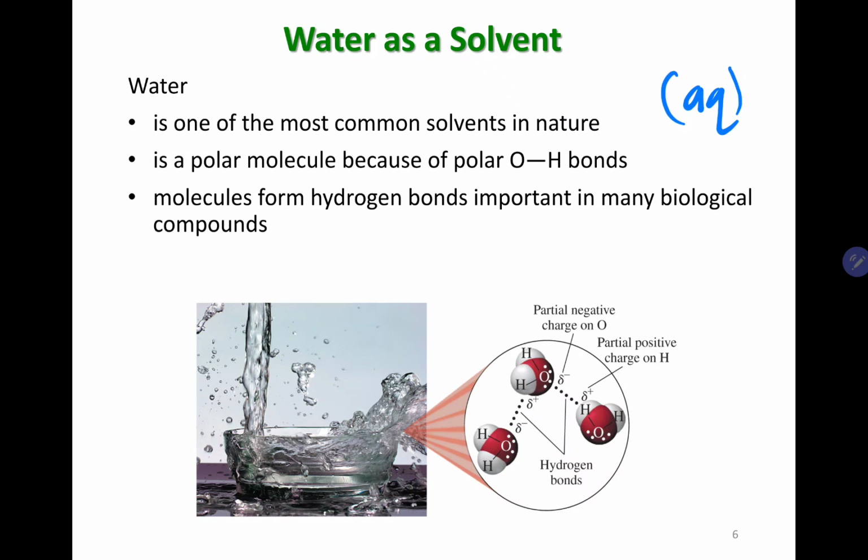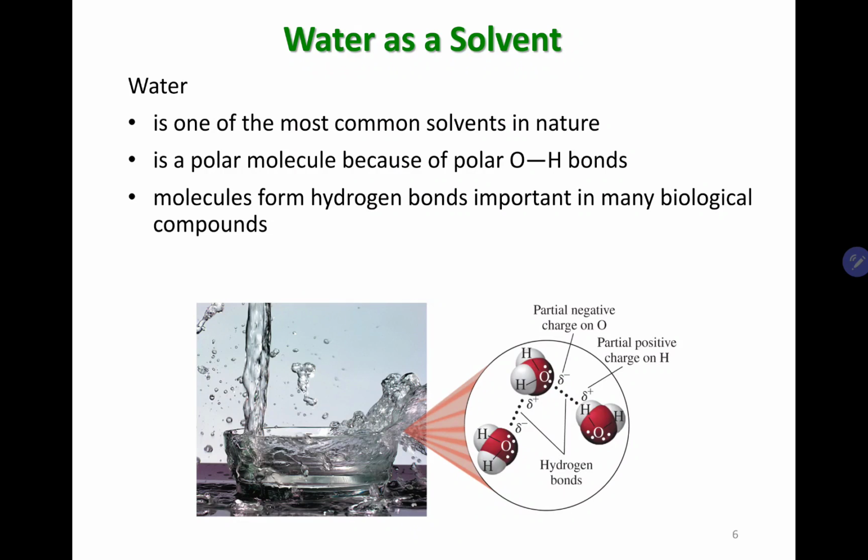Aqueous means that compound is in a water solution, so that means the solvent is water. Water is the most common solvent for us because we have a lot of water on earth. So water is the most common solvent in nature, at least on earth.